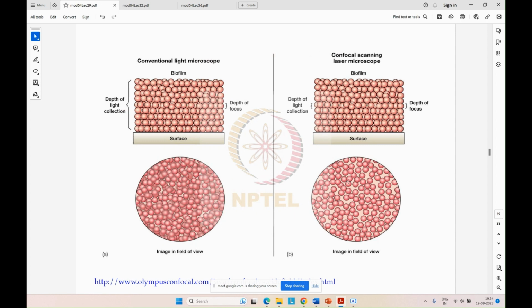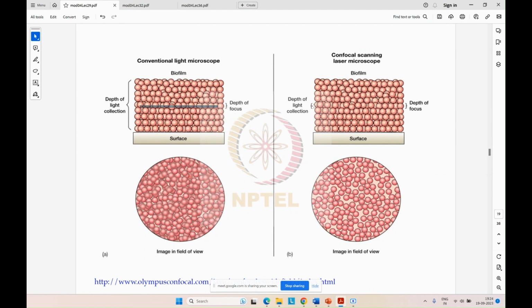So when you are shining light using a light microscope, if you want to detect this layer, you would also detect the layers above and below.